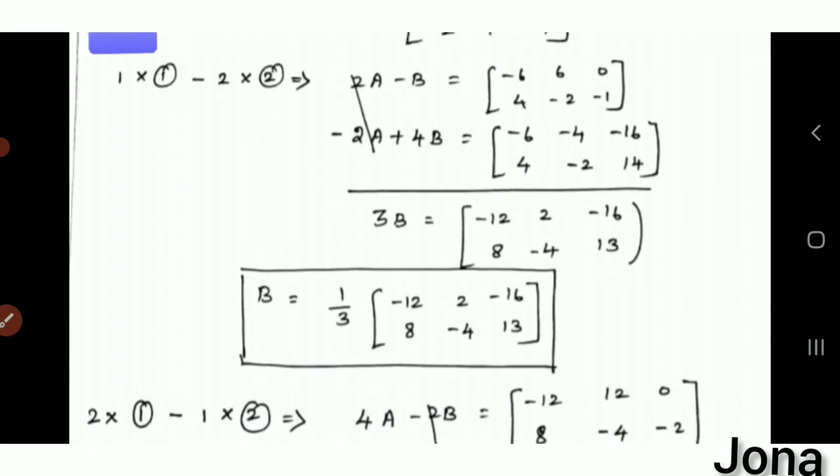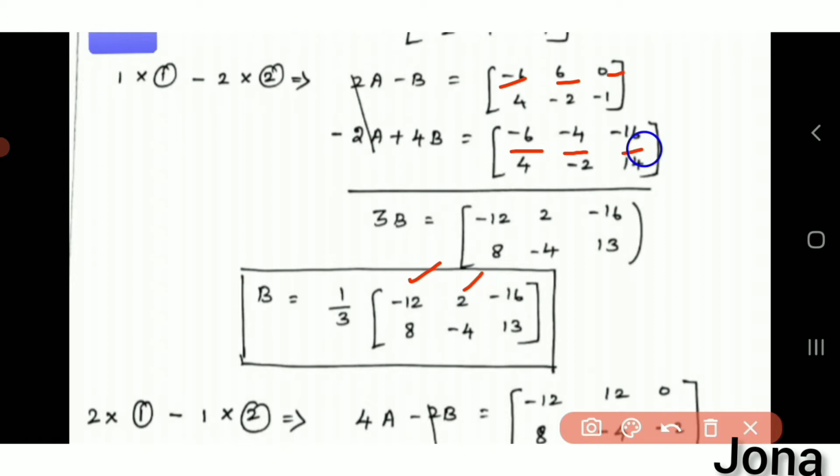Now we can cancel these two so that we have 4B minus B is 3B. Here we can simplify this. We want to simplify both the things, isn't it? So minus 6 and minus 6 is minus 12, and 6 minus 4 is 2.